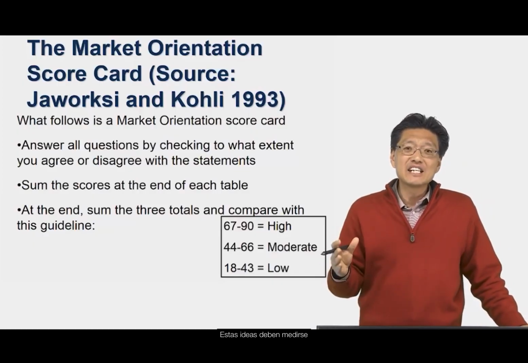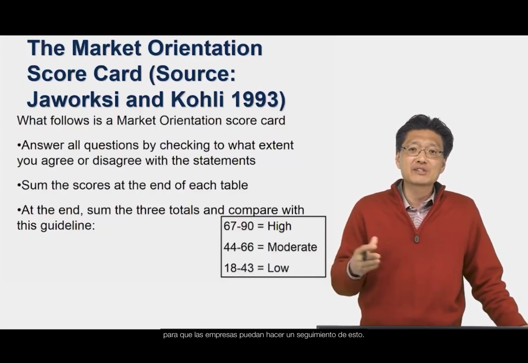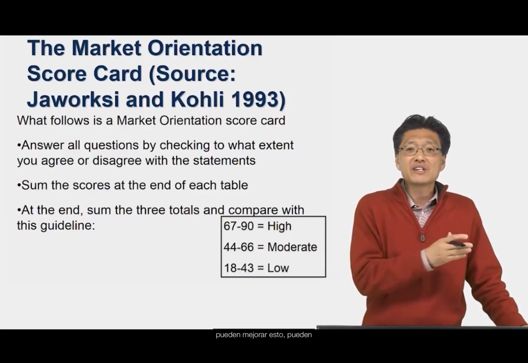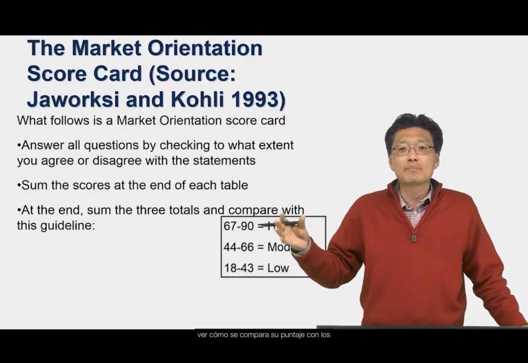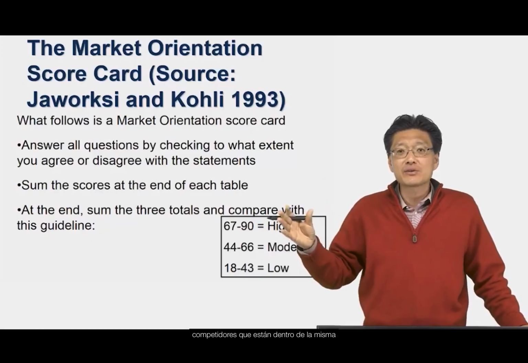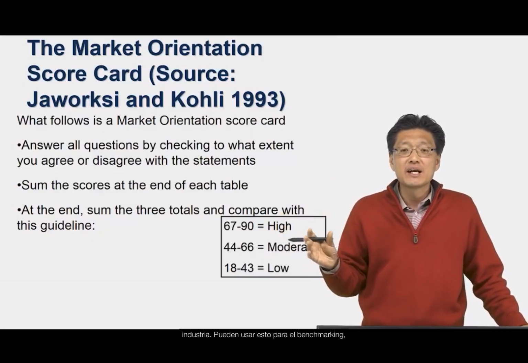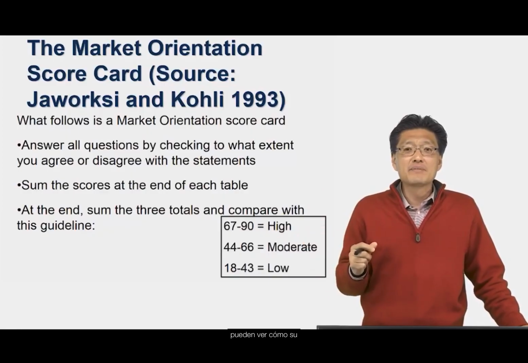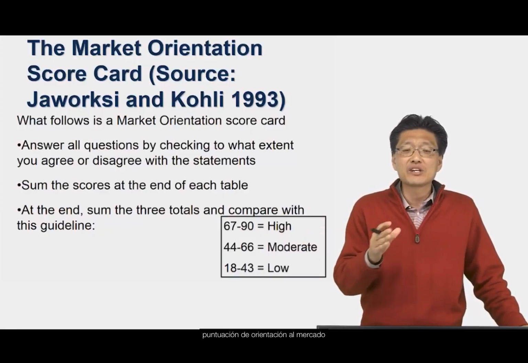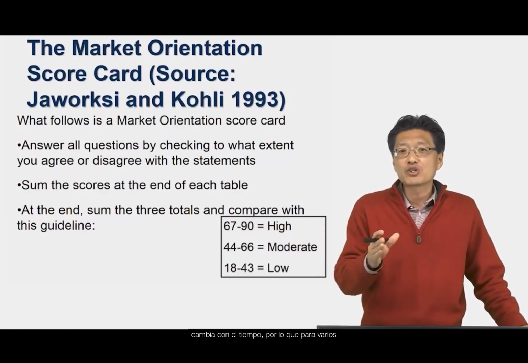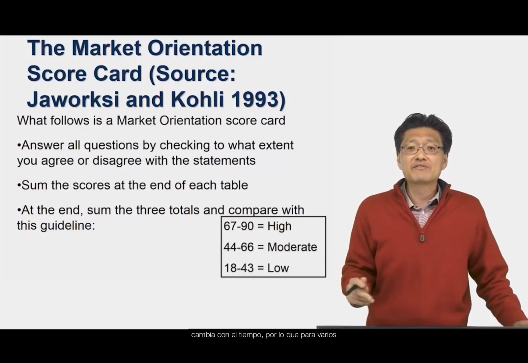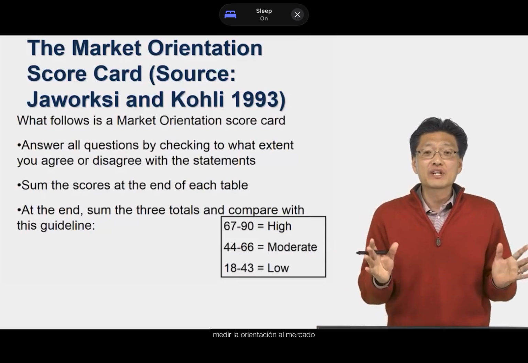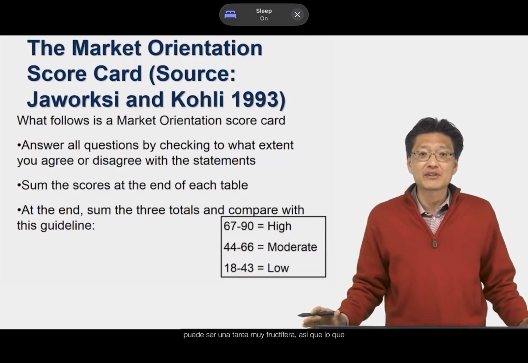These ideas need to be measured so that companies can track this. They can improve on this. They can see how their score stacks up against competitors within the same industry. They can use this for benchmarking. They can see how their market orientation score changes over time. So for various purposes, measuring market orientation can be a very fruitful task.